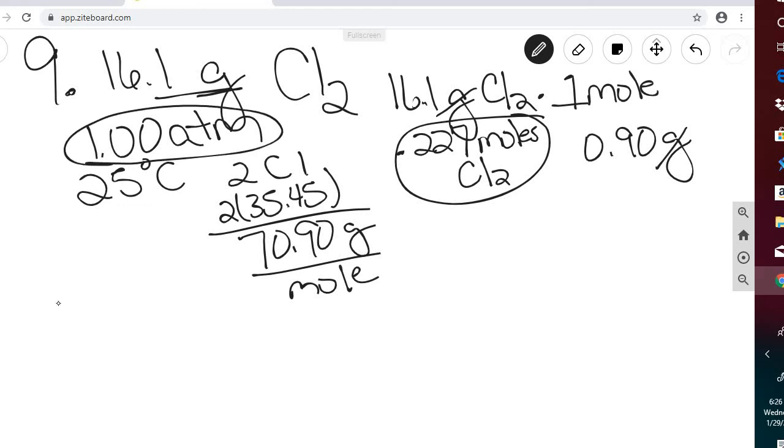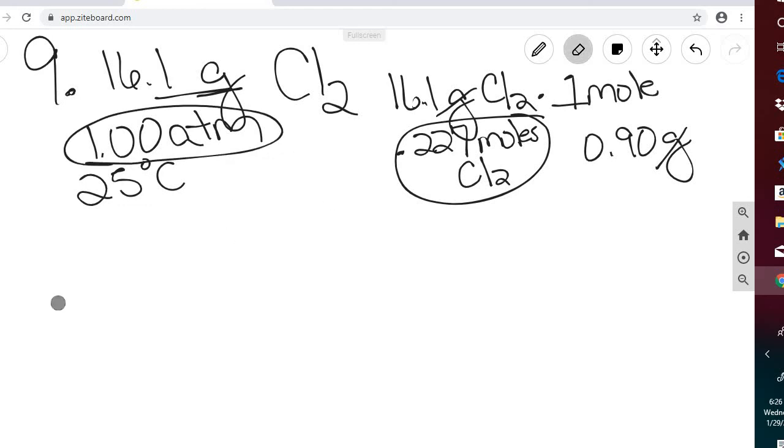Let's go ahead and convert this temperature to Kelvin. So we're just going to add 273.15 to 25 and get 298.